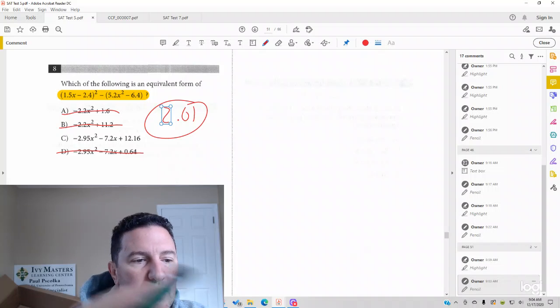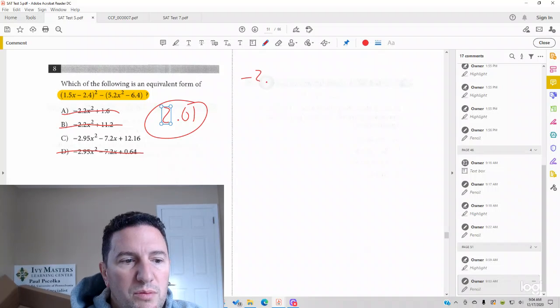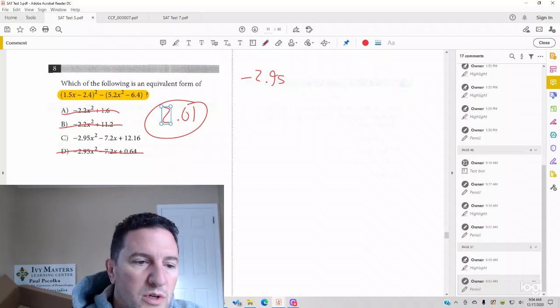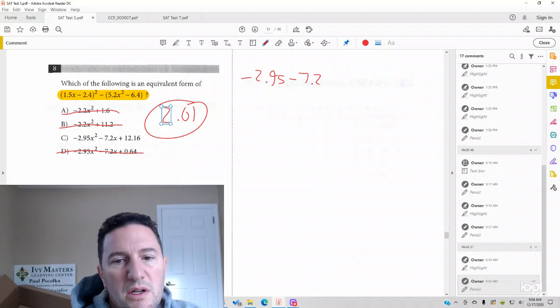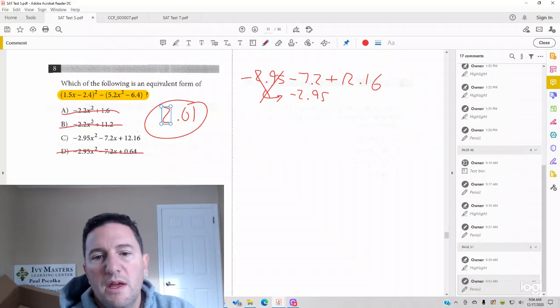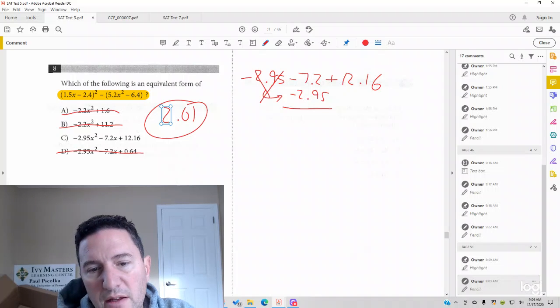And over here, if we did it, negative 2.95, 1 squared is just 1, that's not going to change the value, minus 7.2, 1 times 7.2 is 7.2, that's not going to change the value, plus 12.16. And if we combine these, 2.95, you're subtracting both of them, so you actually wind up adding them because they're both negative.